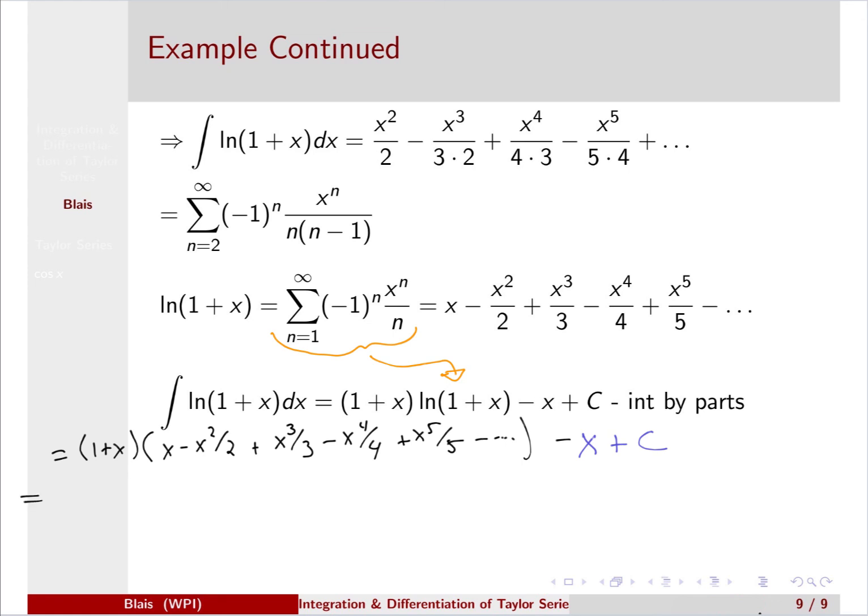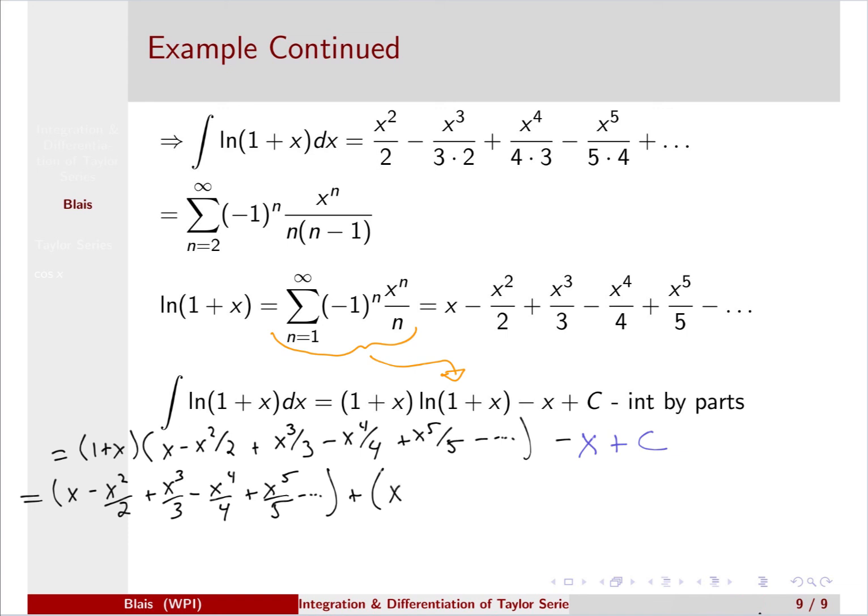So our first term, we will have 1 times everything in this expression. So this expression just gets copied down. So we have an x minus x squared over 2 plus x cubed over 3 minus x to the 4th over 4 plus x to the 5th over 5, so on and so forth, plus what we get when we multiply x by every term in this expression. So take every x and increase its exponent by 1.